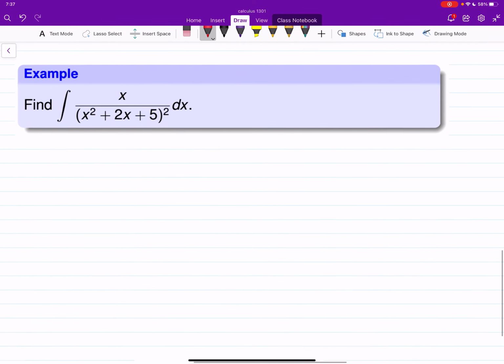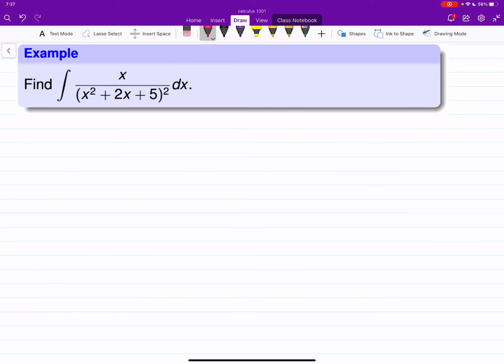Okay, let me do one more example here. So this one is, again, we have x in the numerator, and this is down there. So I need to generate the derivative of the denominator, or the quadratic part. The derivative of the quadratic is 2x plus 2. So I multiply x by 2, and so I have to divide the whole thing by 2.